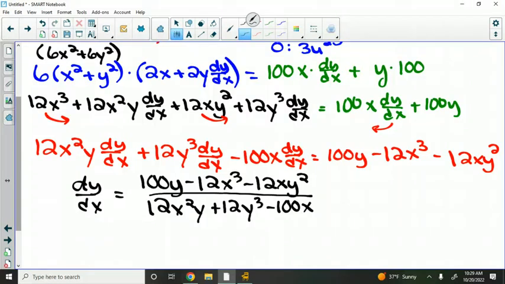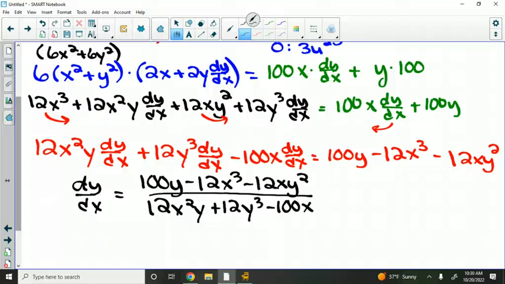Pretty cool. Now we get to do stuff with it. So let's just say this were a non-calculator question and we had to plug a point in. Remember how I said sometimes think about it before you just start plugging things in? Could we make those numbers more manageable for plugging a number in? Yeah, we could take a 4 out of all of them, and then it's going to make the numbers way easier to work with.